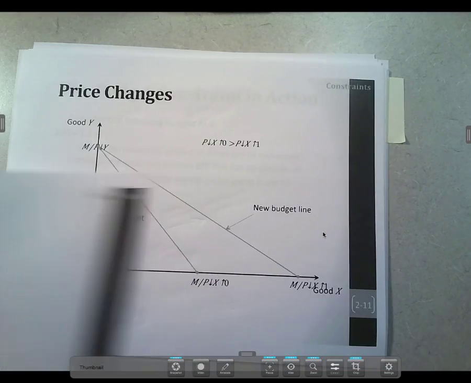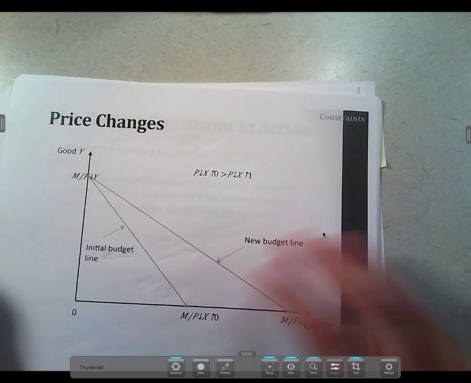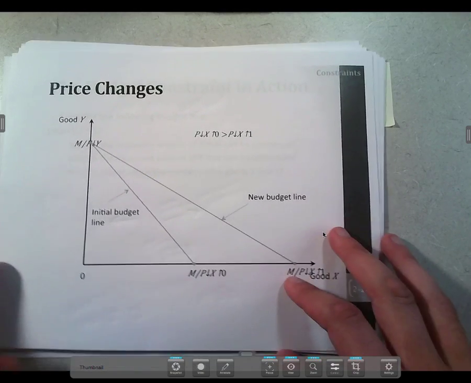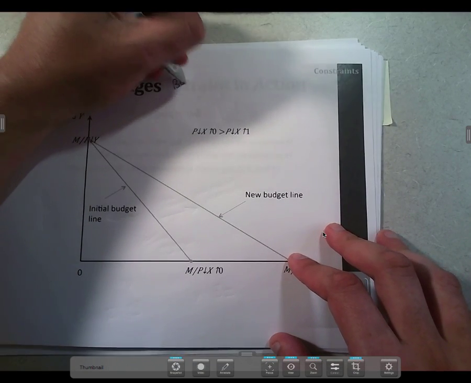Now, I could also change the line itself. So again, this is still with the budget constraint.